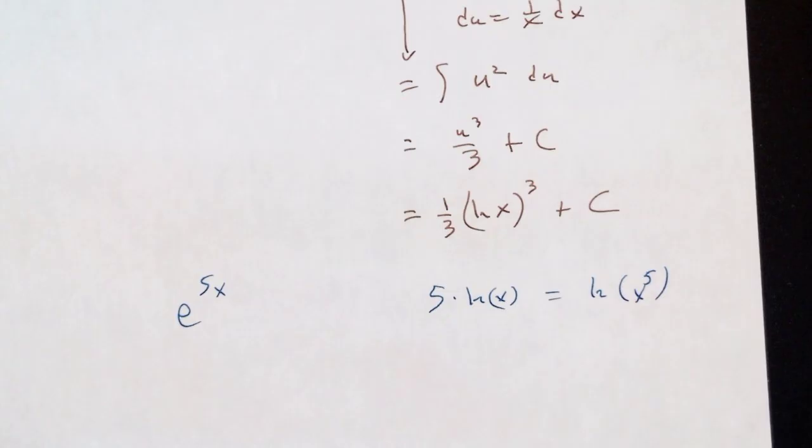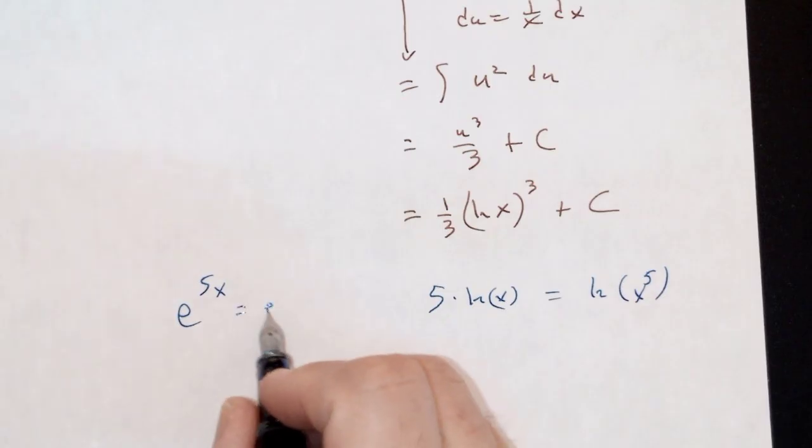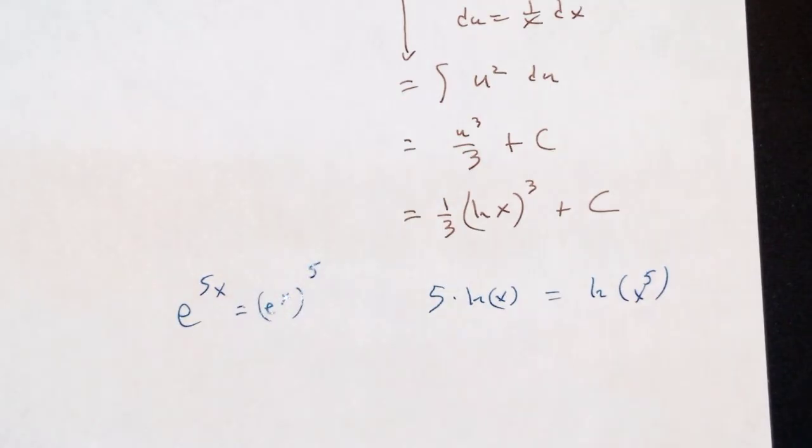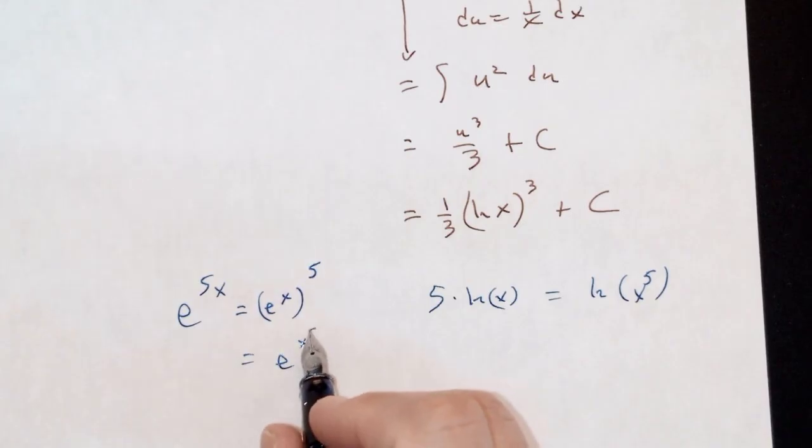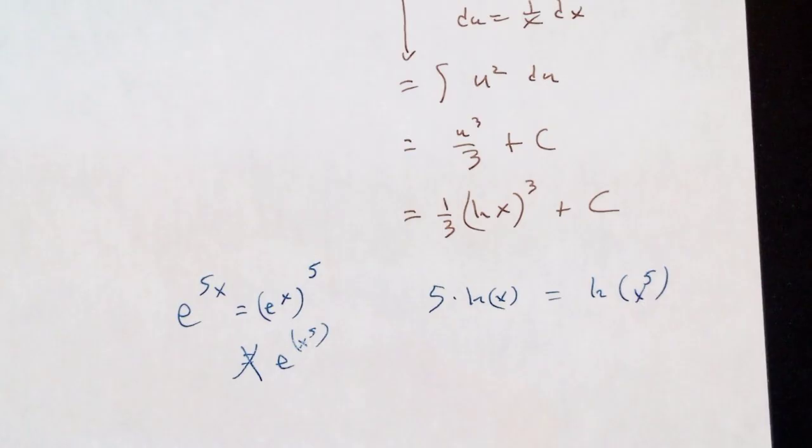I could think of this as e to the x all to the 5th, but not e to the x to the 5th. Okay. Yeah, so it's important. Those are not the same. But when you are multiplying powers, that is the same as taking a power of a power.